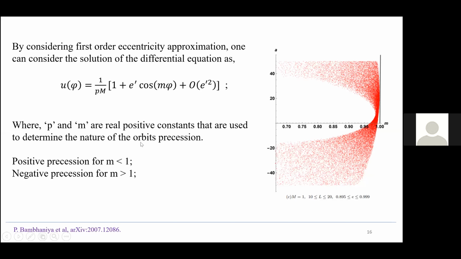If the value of the small n is less than 1, then positive precession occurs, while if the value of m is greater than 1, we will get negative precession.